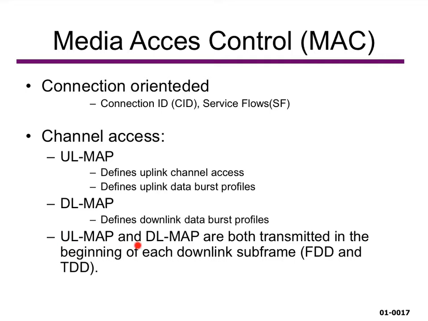So this UL map and DL map are sent by the base station, as we will see, at the beginning of the frame. As we said last time, we have TDD or FDD, which is time division duplex or frequency division duplex. Based on that, the frame is subdivided within the time or within the frequency, in which case you can send and receive at the same time, but at two different frequency ranges, right?